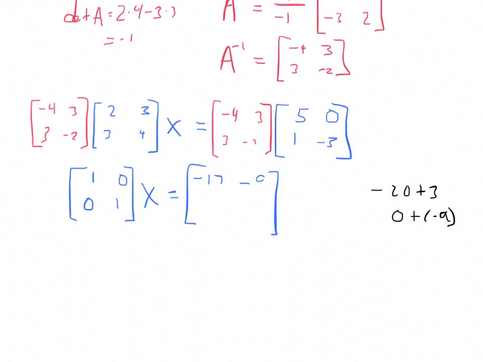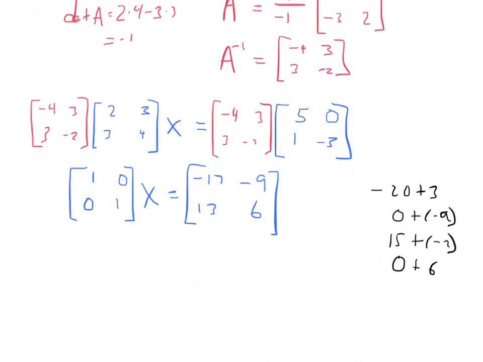Alright, so I've got -9 here. Continuing on, 15 and -2. So 15 plus negative 2, that's 13. And then the last one, 3, negative 2, and 0, negative 3, is 0 plus 6. So I'm ending up with 6 for the last one.